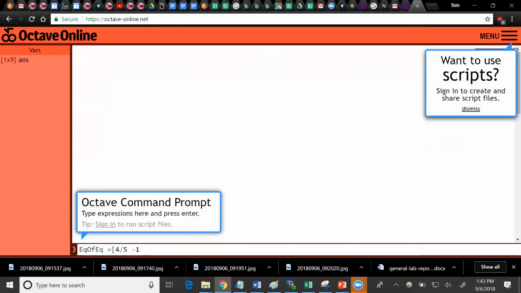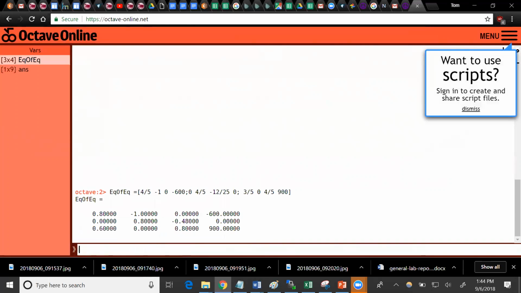Yeah, don't forget the j out there. Yeah. Okay, what's the second one? 0, 4/5, then what? And it's 12/25ths, and then 0. And then the third row: 3/5, 0, 4/5. Positive. Okay. And then this becomes our matrix, right?